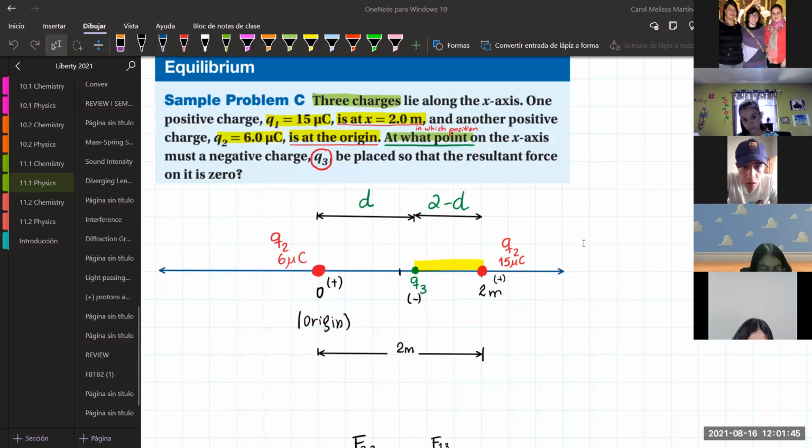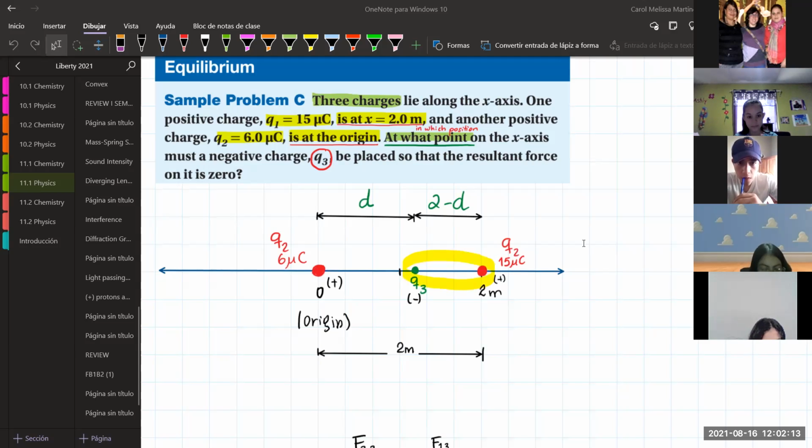So what is the distance between them? 2 is all the distance. 2 is all this distance, but I'm looking just for the distance between the charges, this little portion.